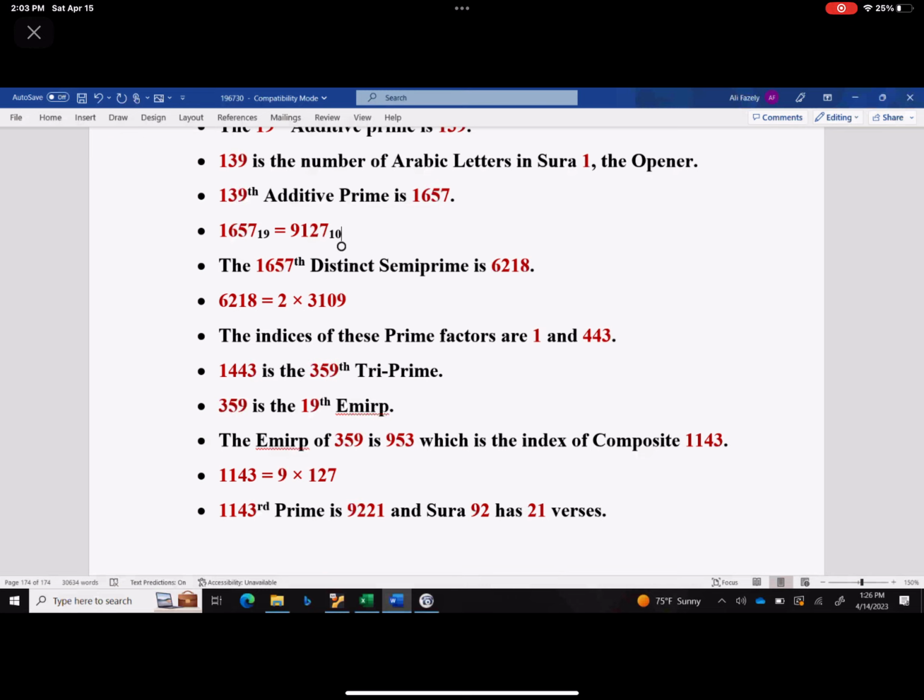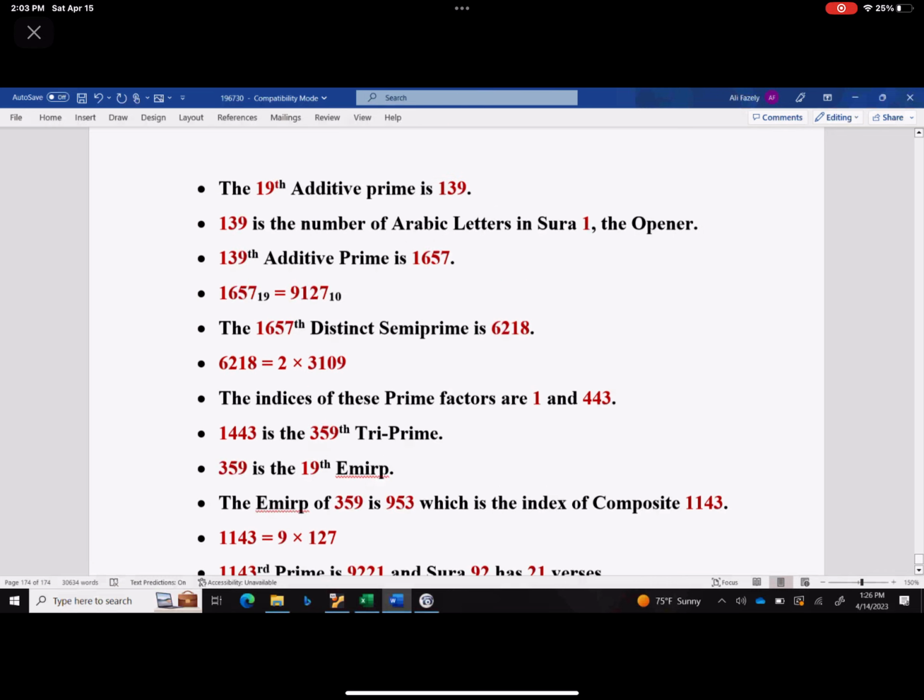So that means 92, Muhammad, is the last of the prophets. All of these numbers are talking to you. 92, 21 is 1143, which is 9 times 127, which tells you that the Quran revealed to Prophet Muhammad, Chapter 9, had 127 verses.